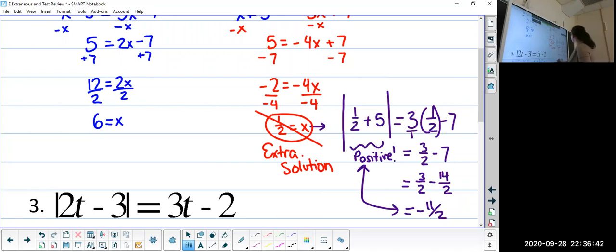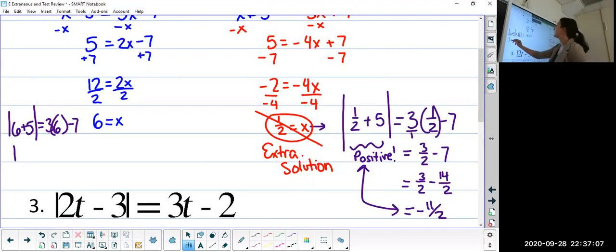Now, we can go through this exact same process with x equals 6. And as a matter of fact, I'll try to squish it in. Ooh, that's going to be tight. Let's see if I can make it fit. We're going to have 6 plus 5 equals 3 times 6 minus 7. Again, taking this answer, x equals 6, and plugging it back into the original to make sure that it works.